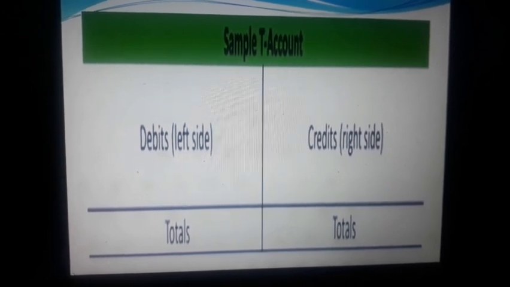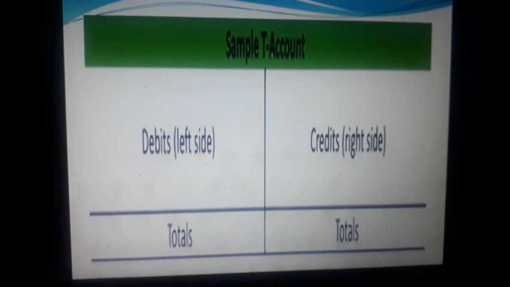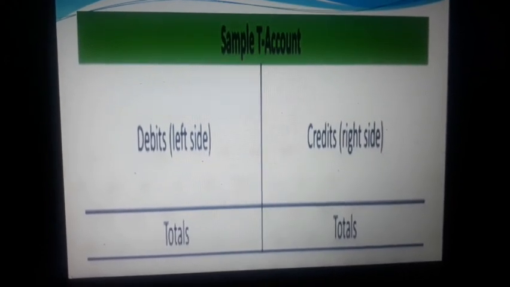So, ang sample ng ating T account, ang T account is an example of the simplest representation of our accounting equation. Okay, so babalikan po natin ang ating basic accounting equation. Assets is equal to liabilities plus owner's equity. So ito po yung ang T account po natin ay pinaka-simplest representation po ng ating accounting equation.